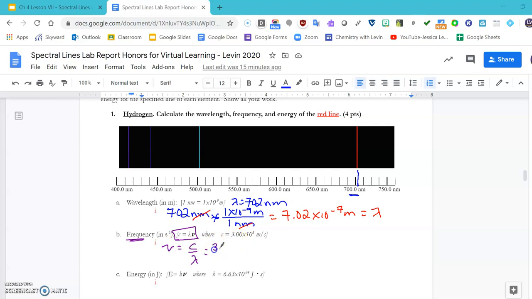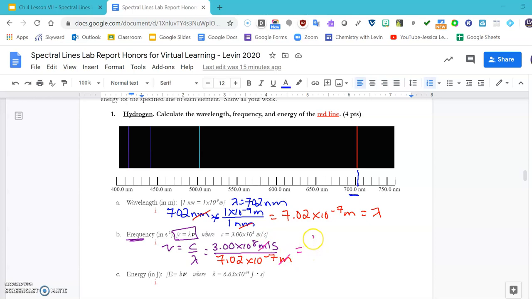C is a constant, 3.0 times 10 to the 8th meters per second. And I'm going to plug in the wavelength that I just converted. So I'm going to plug in 702 times 10 to the negative 7th meters. And when that happens, I see that meters and meters will cancel out.